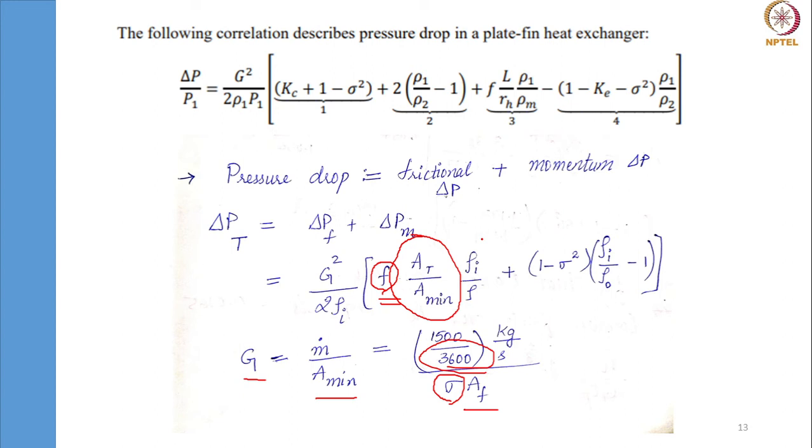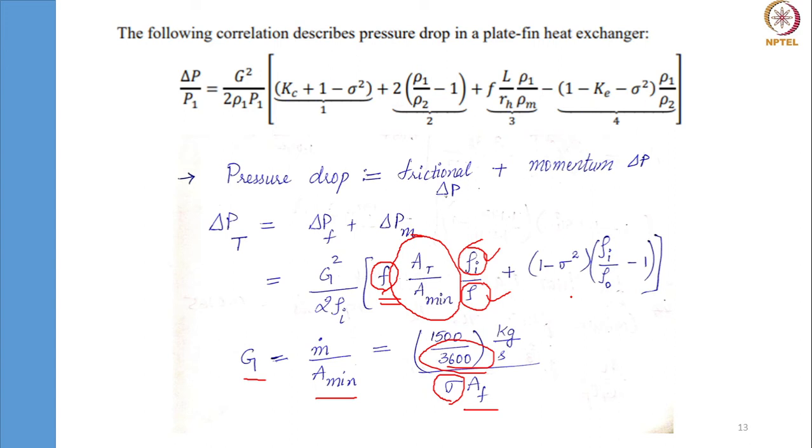This rho is the average density that we are going to take at bulk temperature, that is not equal to rho I, that is not equal to rho O. If the fluid is incompressible, that means rho I is equal to rho exit, as we have seen in one problem in our previous session. But here that is not the case. The density at inlet and density at outlet are to be considered.